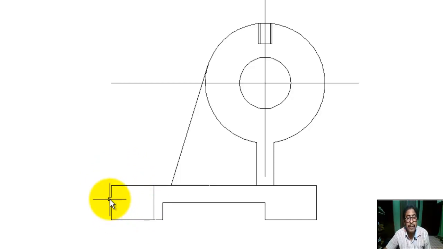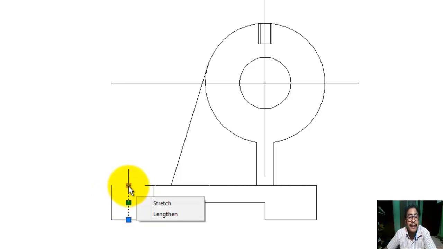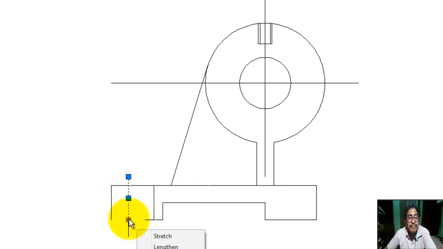Because there is a hole, center of the circular portion, this is 10 millimeter distance, so offset 10, this is 10 millimeter, this will be center line.